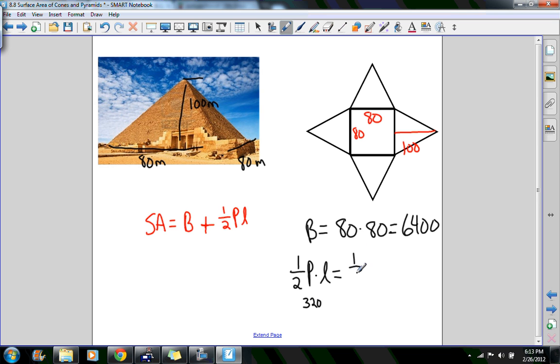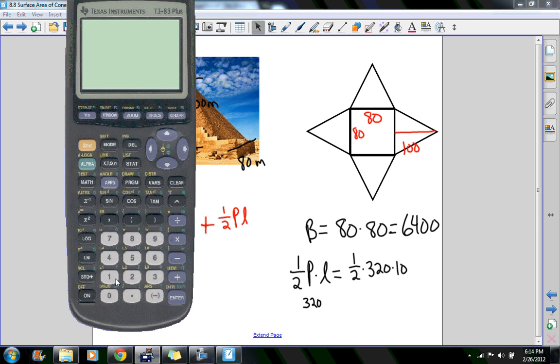So we'll go 1/2 times 320 times the lateral height, which is 100.